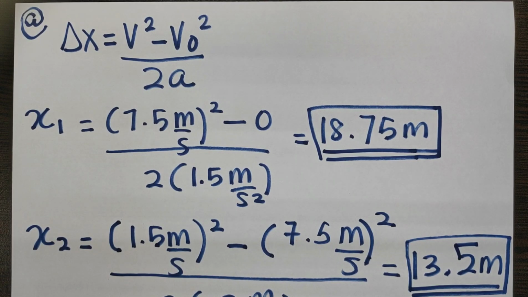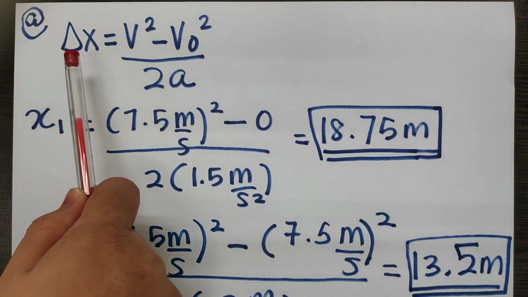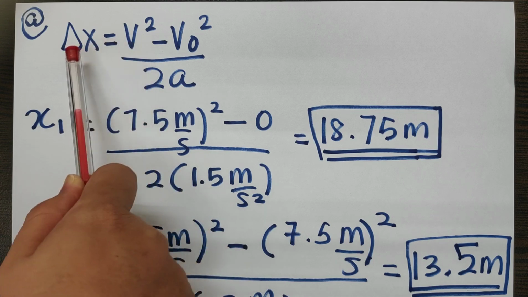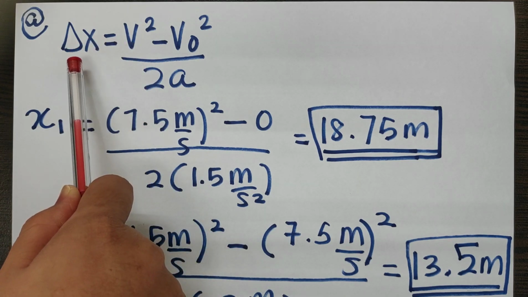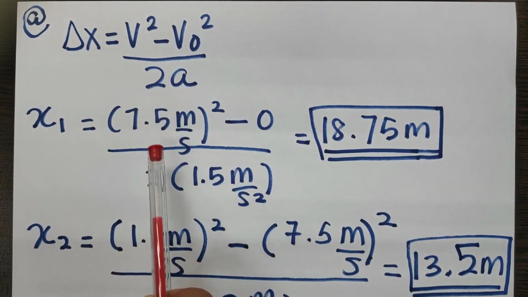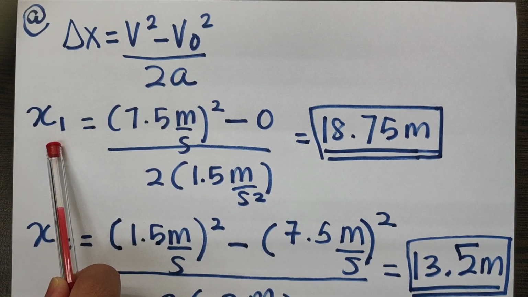Alternatively, I want to show you if you choose equation number 2 instead of number 3 to solve for this question. So, we take v squared equals v naught squared plus 2a delta x. Then, rewrite as delta x equals v squared minus v naught squared over 2a. Substitute into the equation for part 1.